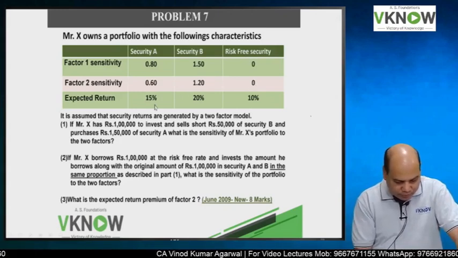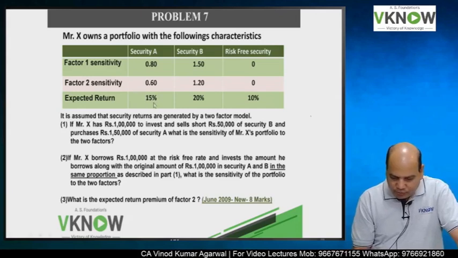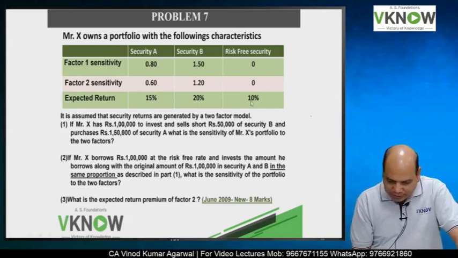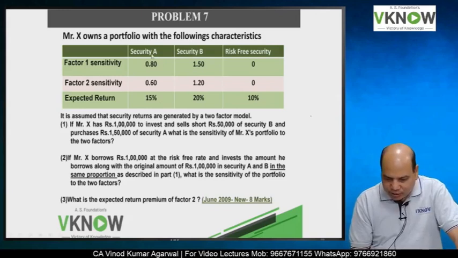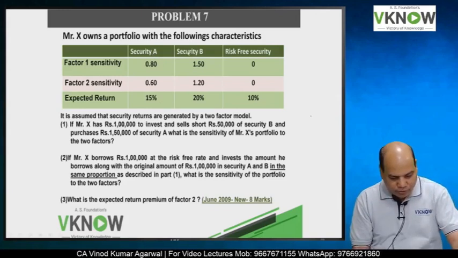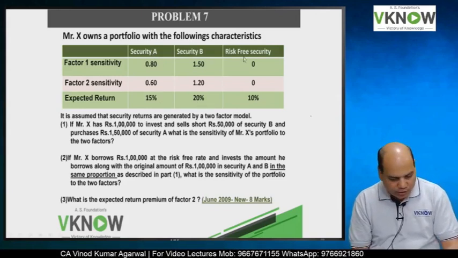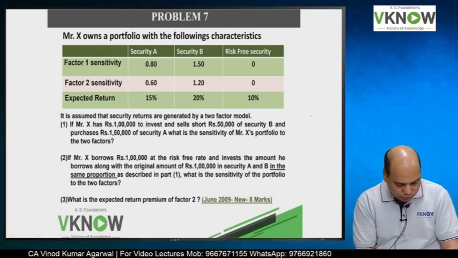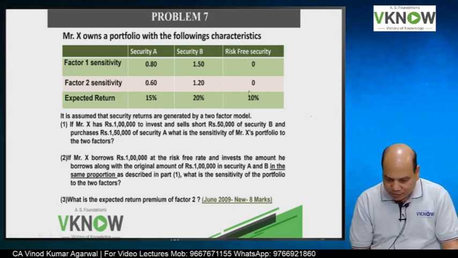Expected return is 15%, 20%, 10%. This is the expected return of security A, security B and risk-free security. Risk-free security return is 10%.